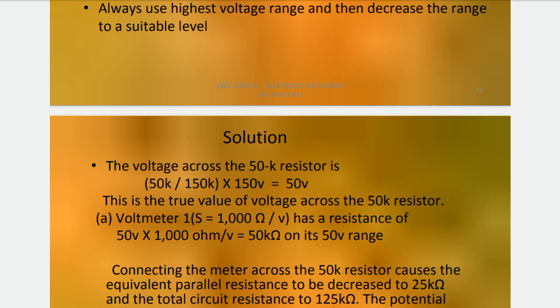The 0 gets cancelled, 150 gets cancelled, and kilo gets cancelled, hence you get 50 volts. This is the true value of the voltage across the 50 kilo ohm resistor.